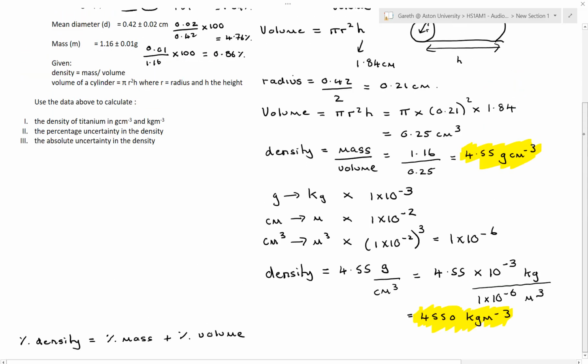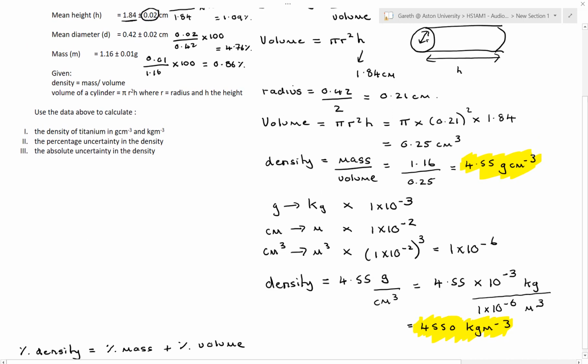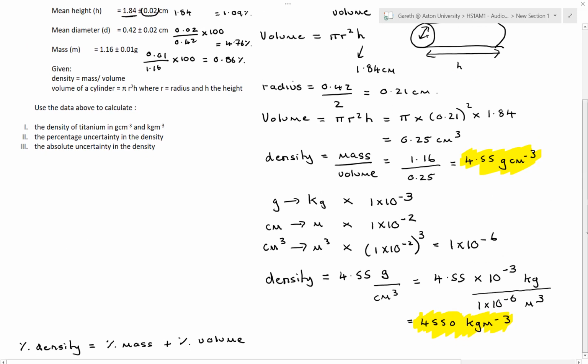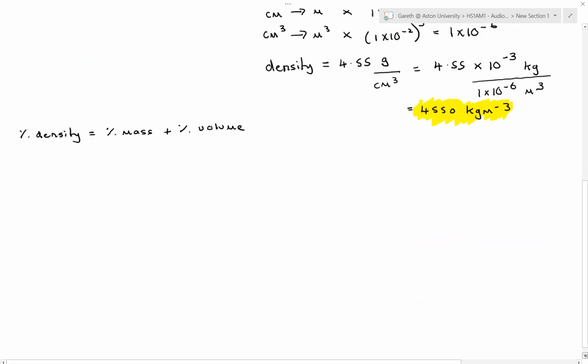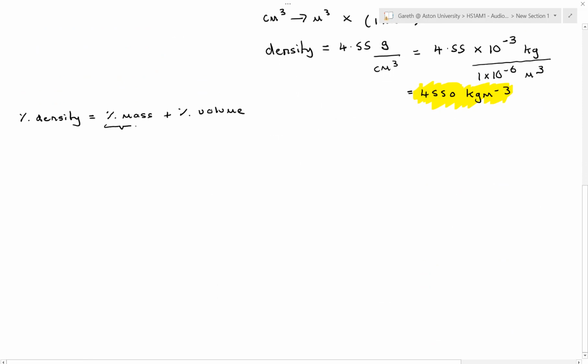Now the percentage uncertainty in our mass is 0.86%, so we can add that in immediately. We do have to do a little bit of work to find the percentage uncertainty in the volume.